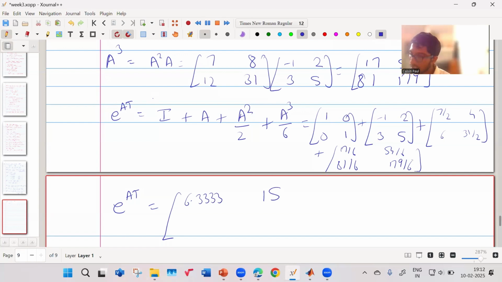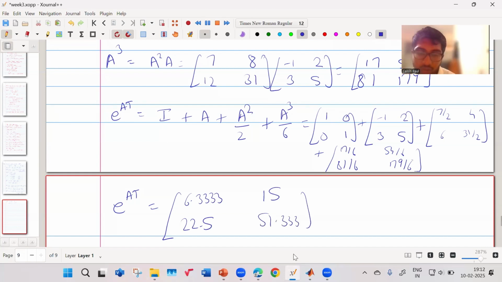Then 3 plus 6 plus 81 upon 6 comes out to be 22.5. And 1 plus 5 plus 31 by 2 plus 179 by 6 comes out to be 51.33.